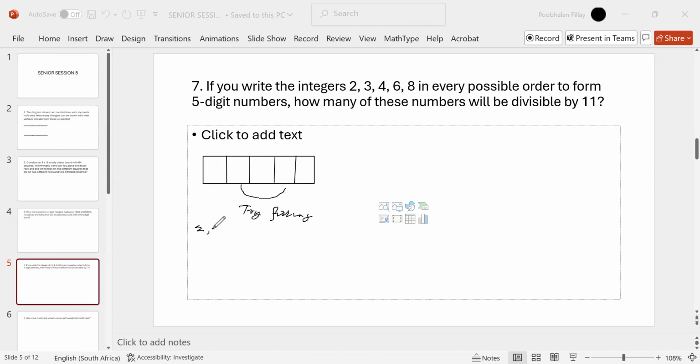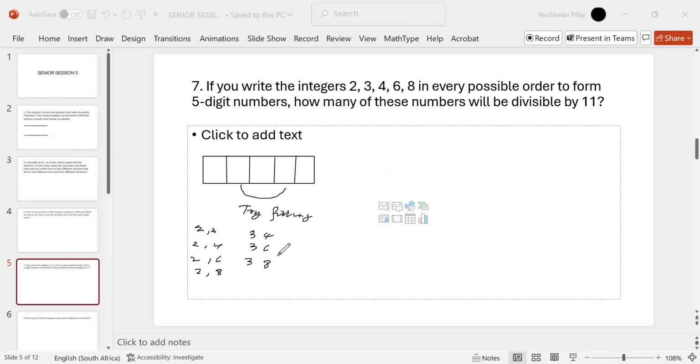So you can have 2, 3, or 2, 4, or 2, 6, or 2, 8. I'm going to take two numbers, and suppose I insist that one of them is 2. Now, don't have 2 in it. Let's start with 3. You have 3, 4, 3, 6, 3, 8.